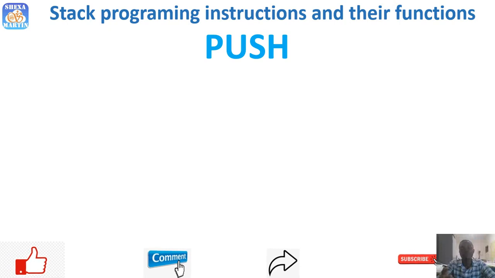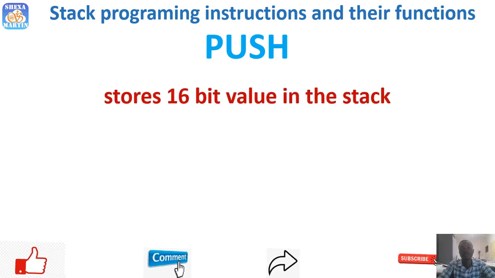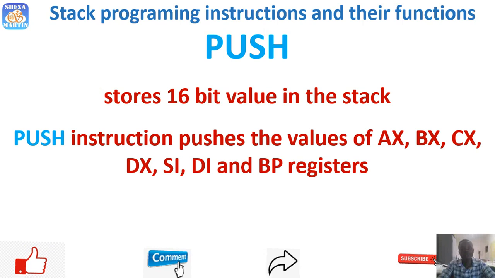So the push instruction pushes the values of the following registers on top of the stack: the registers AX, BX, CX, DX, SI, DI, and BP. So these are the registers that are used as source. So we'll talk about the simplest or general syntax for the push instruction.